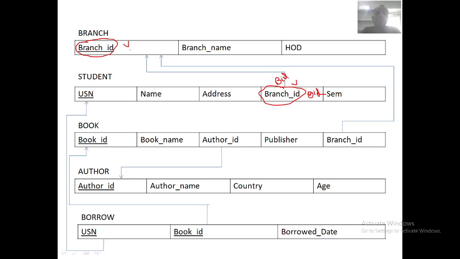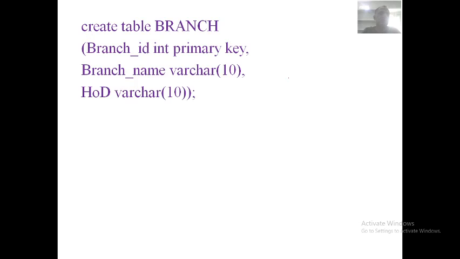Now let us create some tables. Create the table called branch. Here branch ID is there. For your easiness, I have taken the same names in all tables. Branch ID is of type integer and it is the primary key. Already we discussed branch ID is the primary key.